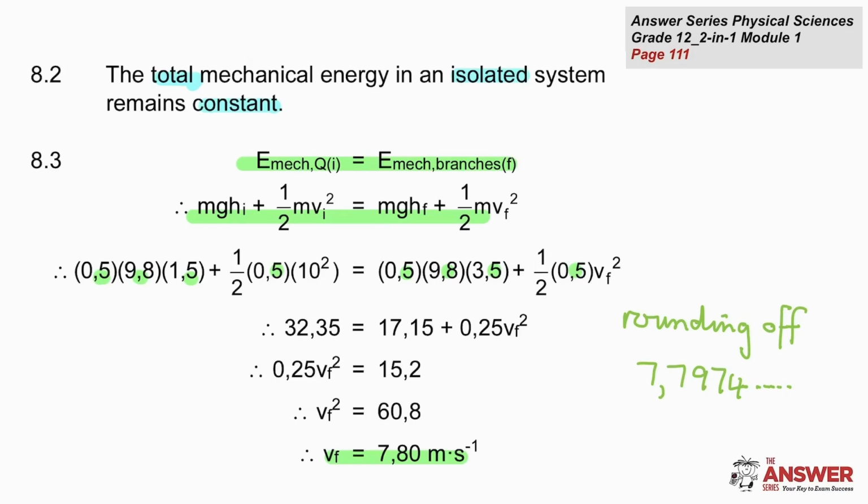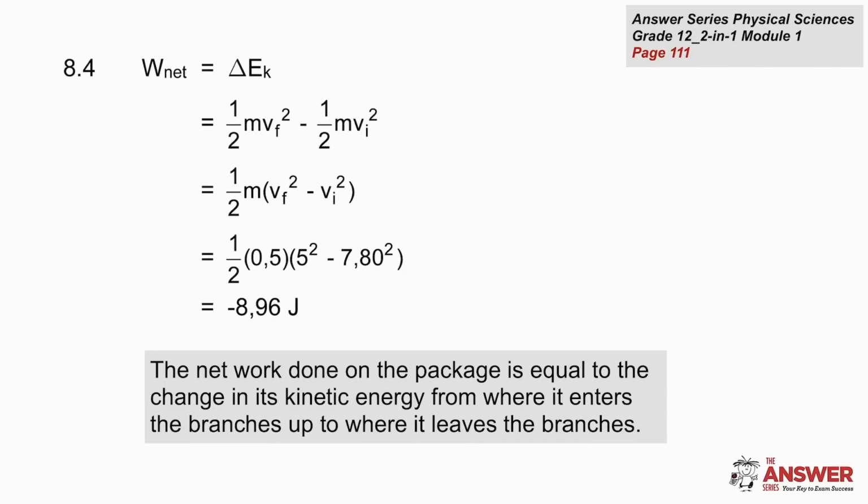This is from rounding off 7.7974, so this 0 must be given in the answer. Fortunately, we are only asked for the net work at this stage, which we get from the work energy theorem. Overall, the work is negative, so the package slows down.